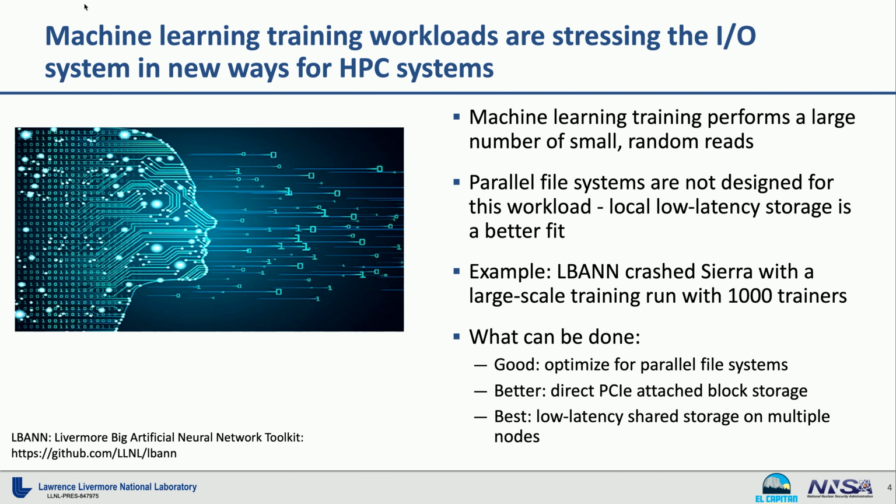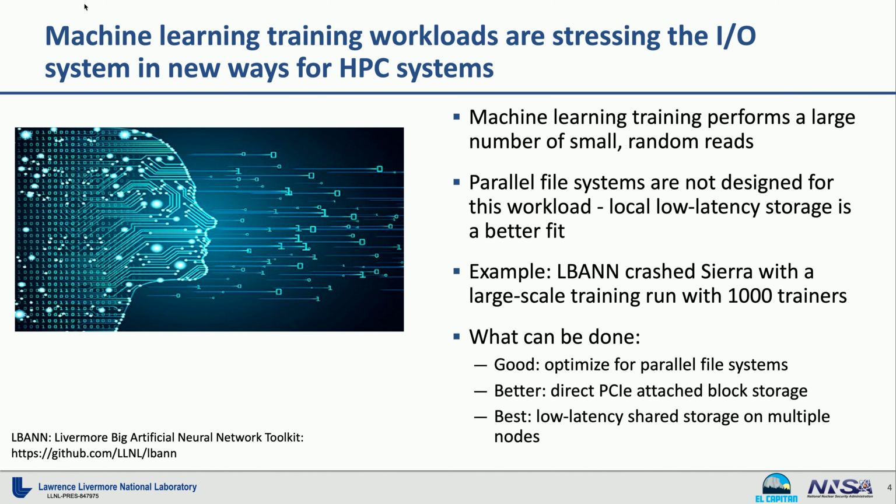We can attach block storage to compute nodes, which is at least probably easier for some of these codes now than it was when the codes we were talking about were all built for parallel file systems.